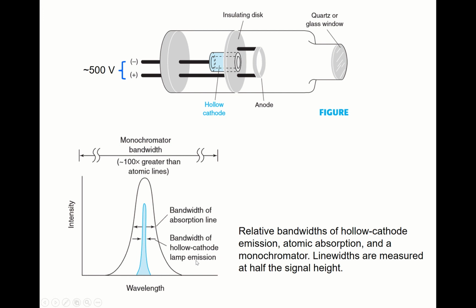Here, the monochromator bandwidth is much larger, so the monochromator cannot differentiate the very closely spaced absorption bands.